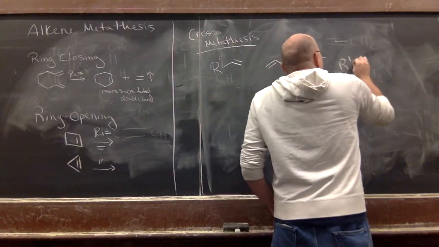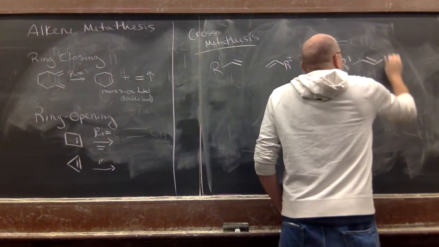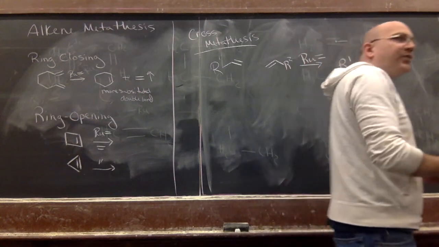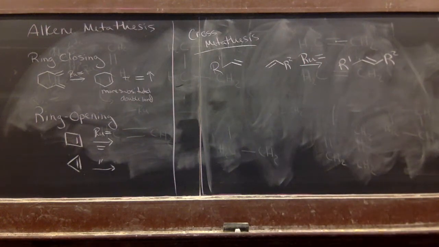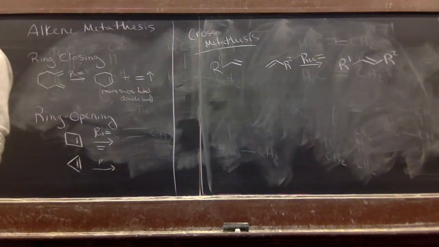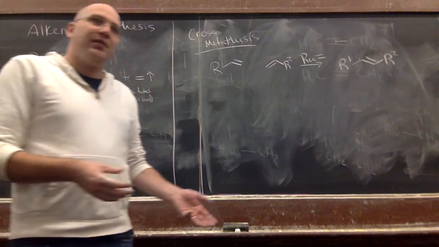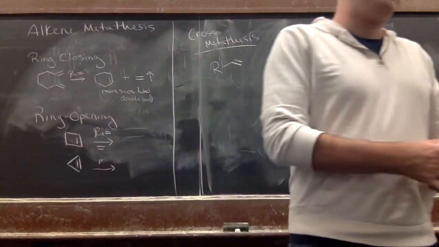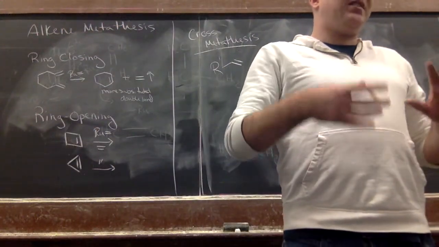Now, Ronnie was asking about the stereochemistry of the E/Z double bond geometry. That's a little bit more complex of an answer in actuality. It's going to depend largely upon the nature. It turns out that the kinetic cross-metathesis product, at least classically, is the cis.